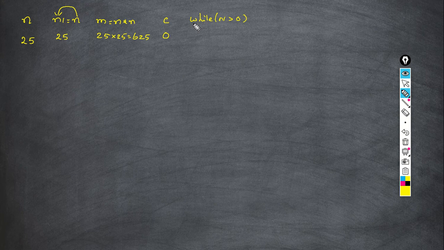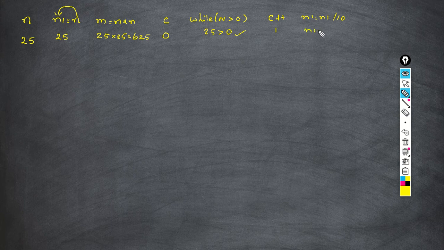So how do I go about with this logic? While n1 is greater than 0, I'm putting it in a loop. I do c++ and then n1 is equal to n1 divided by 10. That means this loop will run till n1 becomes 0. N1 is 25, which is greater than 0, so it goes inside, and c will become 1.